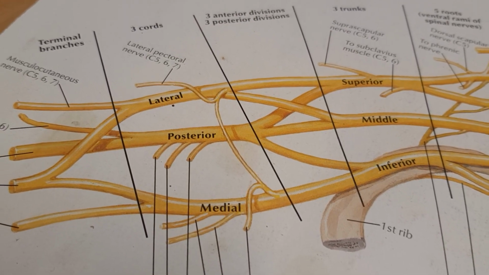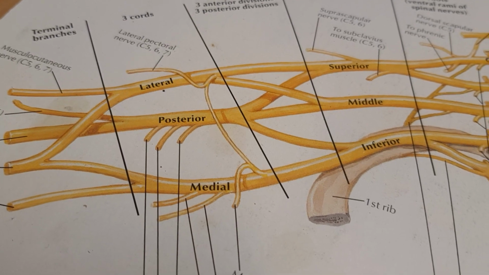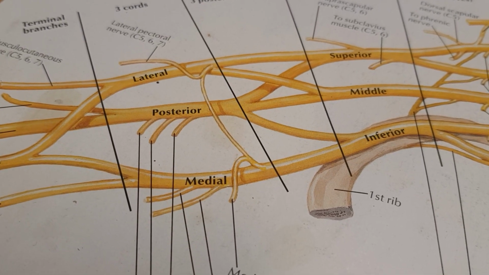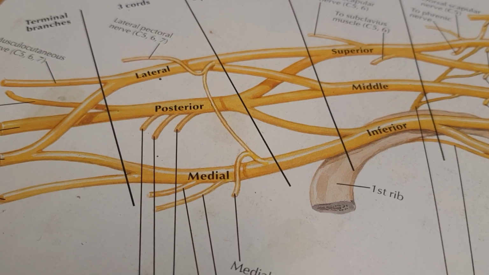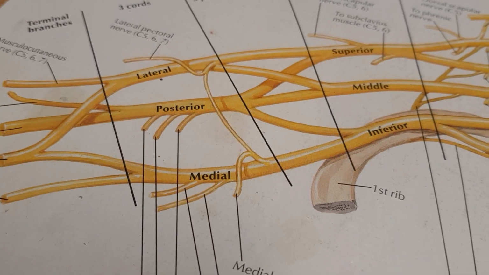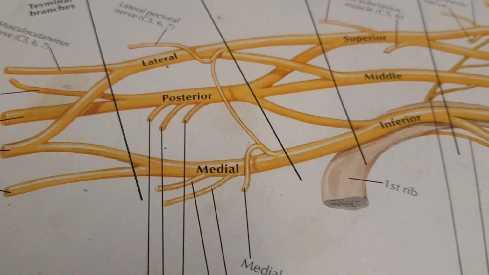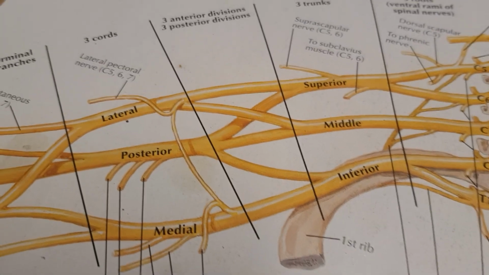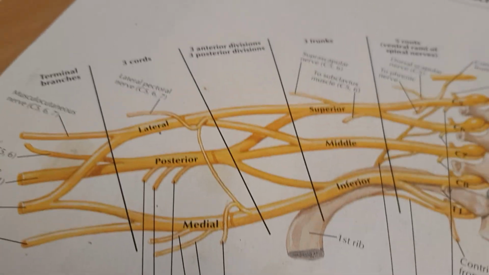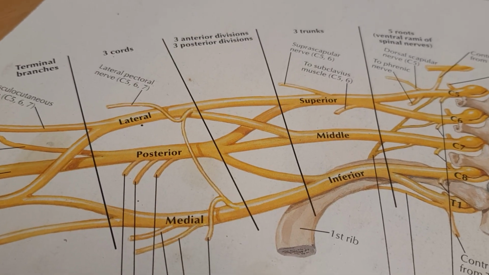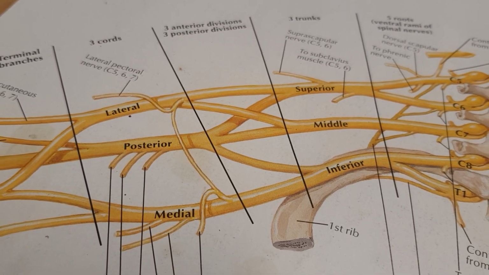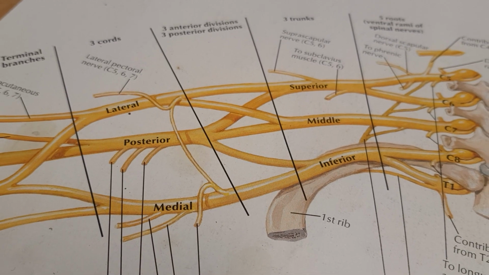Right, it is advisable, before you try to follow this video of the brachial plexus, to be at least up to date with the knowledge of your muscles, because these nerves will eventually supply muscles. Right, from the three cords we have 7 terminal branches.